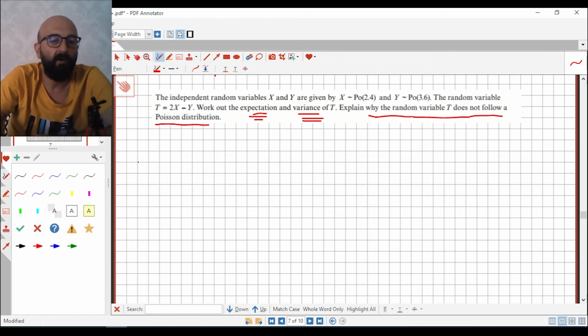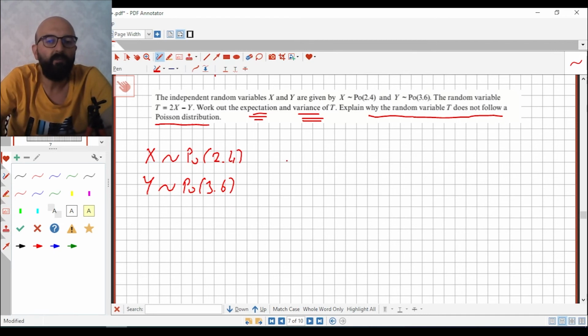Okay, now x is in the Poisson distribution with mean 2.4, y is in the Poisson distribution with mean 3.6, and we want the expected value of 2x minus y, the other name being the expected value of t.